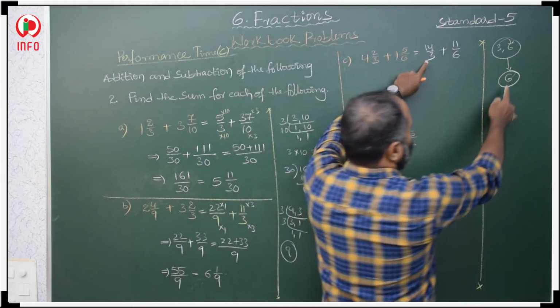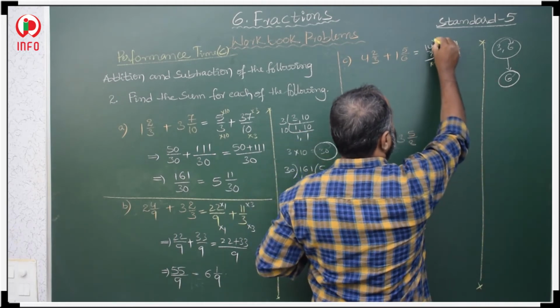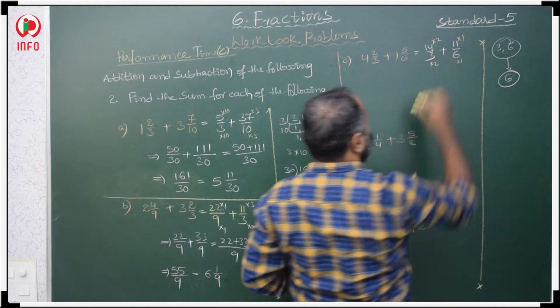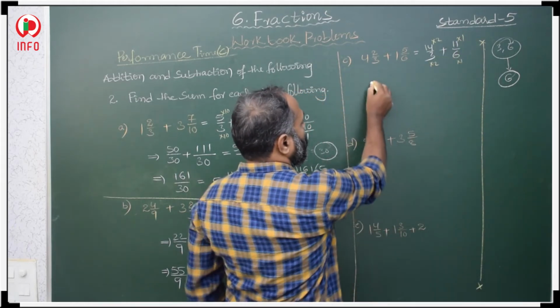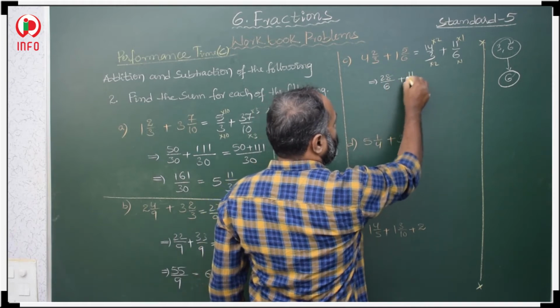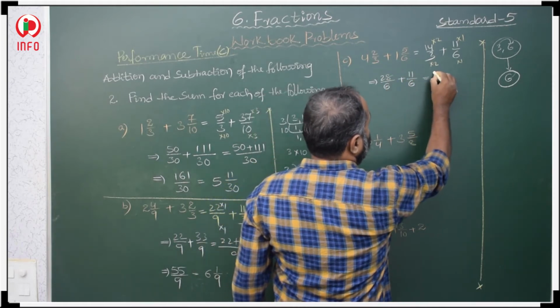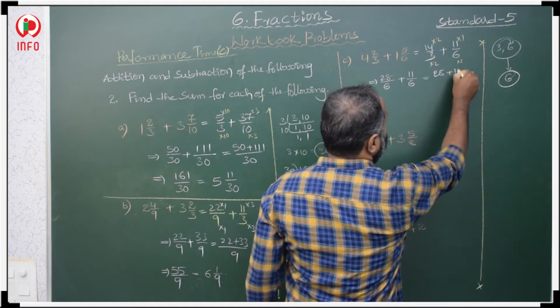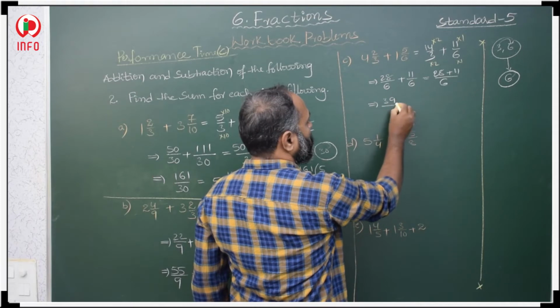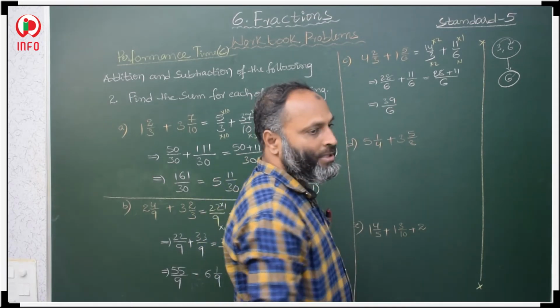In the 3 table, when will you get 6? 2s are, multiply with 2, and in the 6 table, when will you get 6? 1s are, multiply with 1. 14 2s are 28 by 6, 11 ones are 11 by 6 ones are 6, that is 28 plus 11 by 6, 39 by 6.